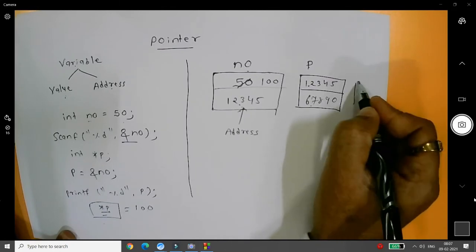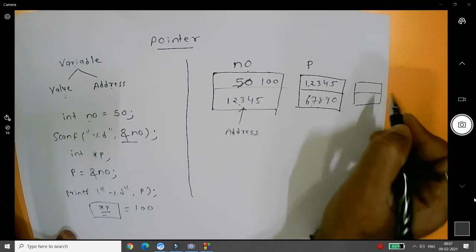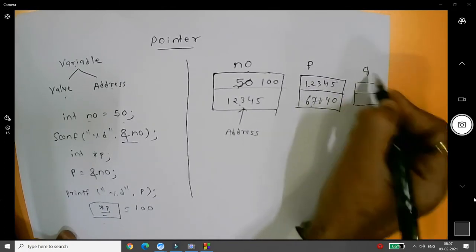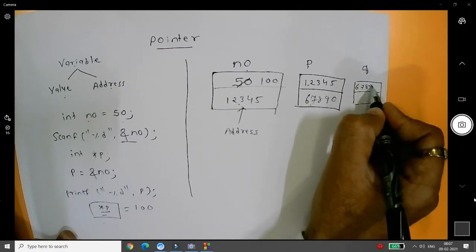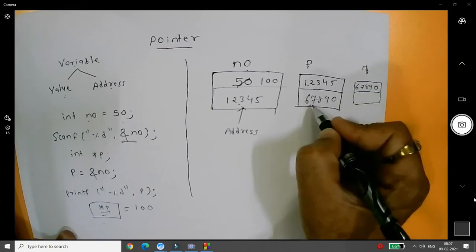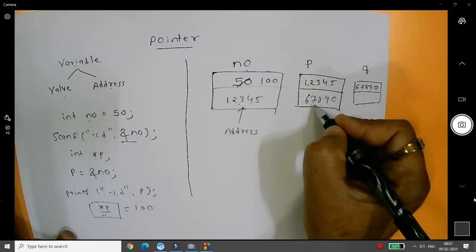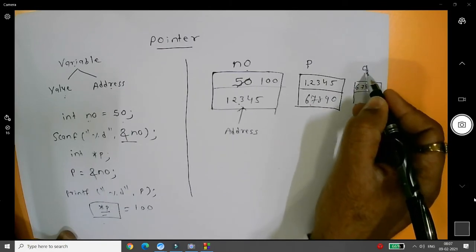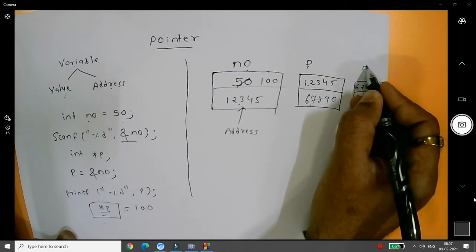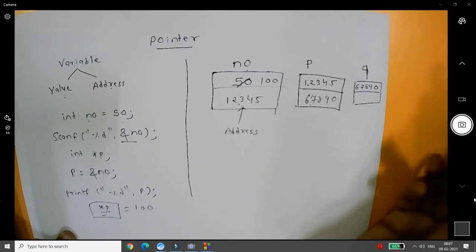Now I want to store the address of the pointer in another variable, so I'm declaring another variable over here, and that variable is q. In this q, I want to store as a value the address of the pointer variable. So the address of the pointer variable is 67890. You can simply create the variable over here. This variable is known as a double pointer.